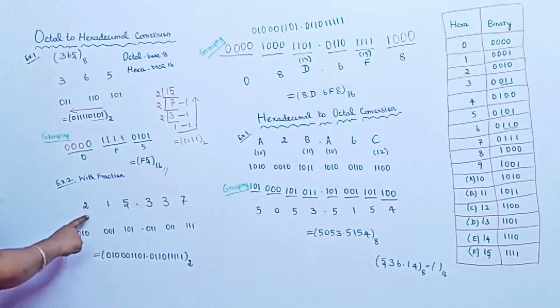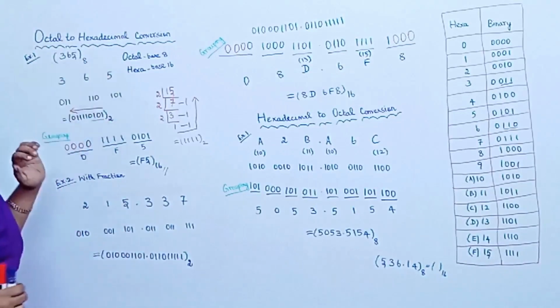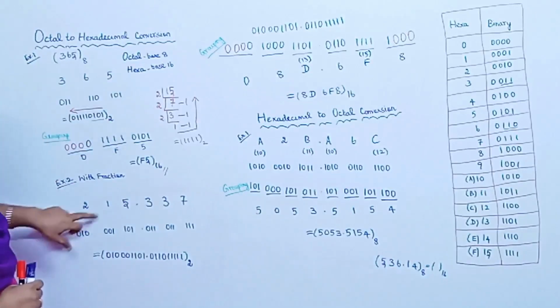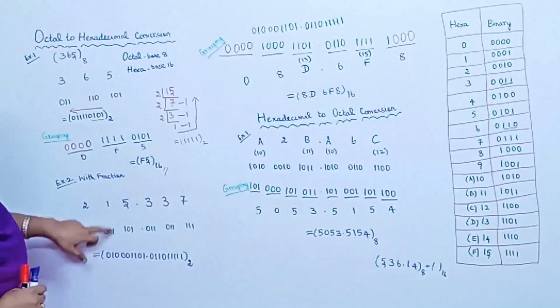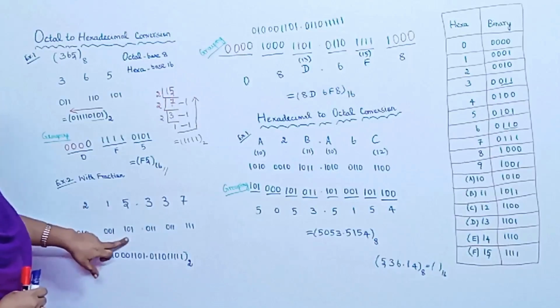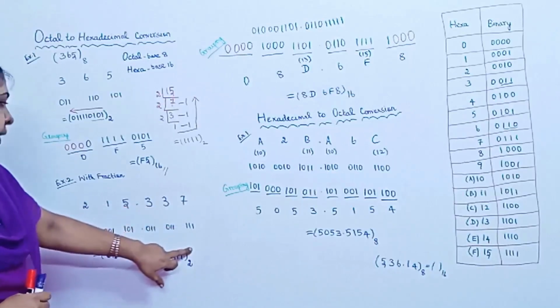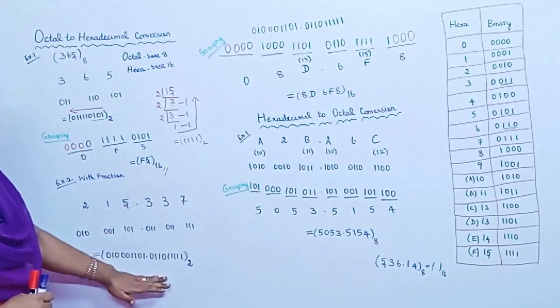For 215, you can refer to the table directly. The substitution values are: for 2, 010; for 1, 001; for 5, 101. Similarly for 337, the values are given here.